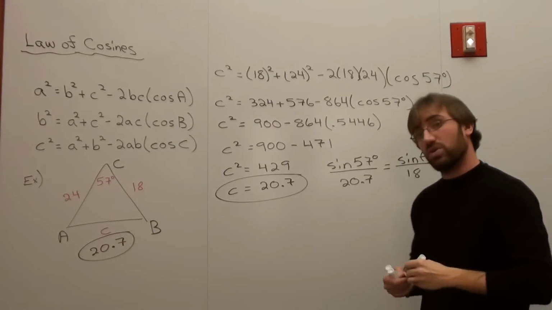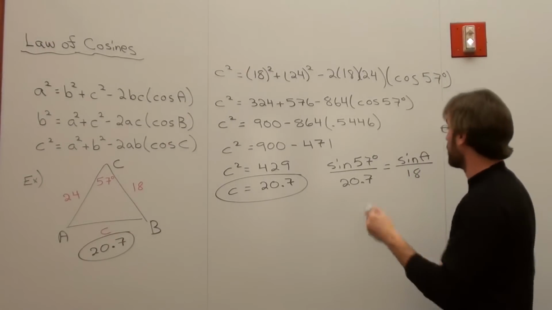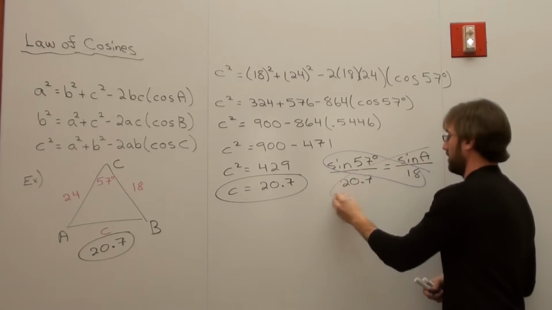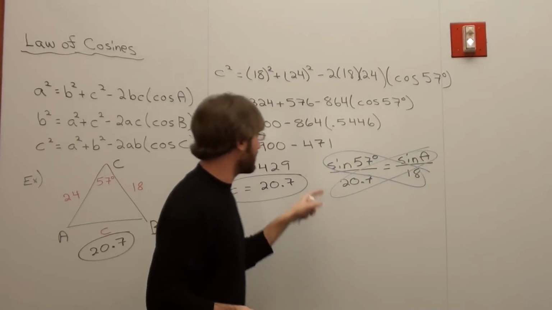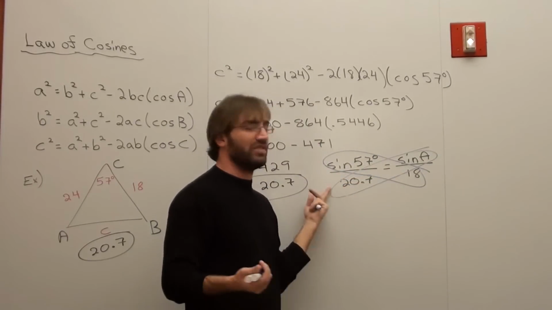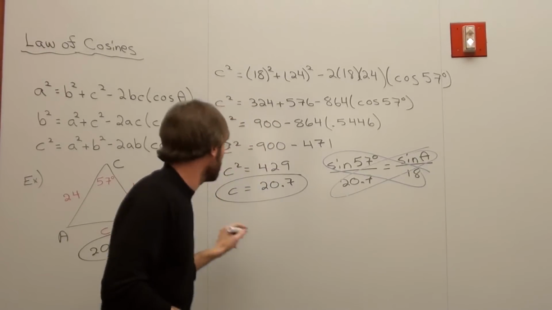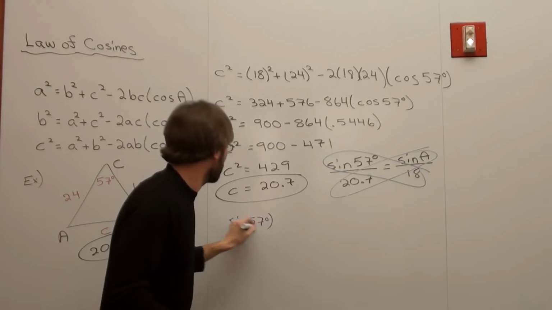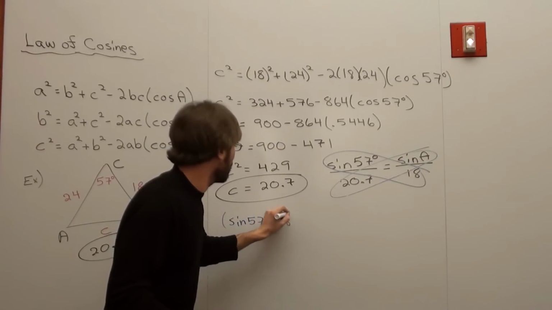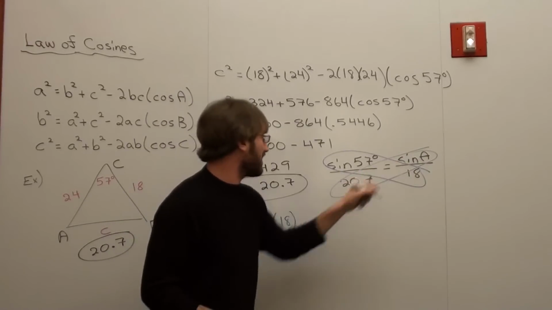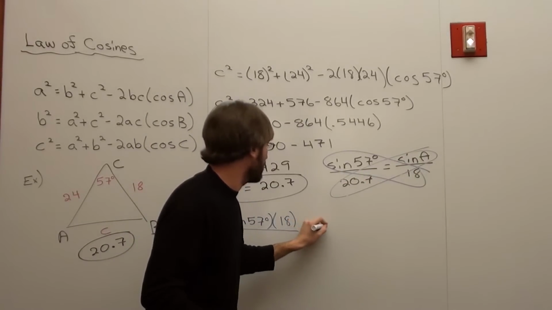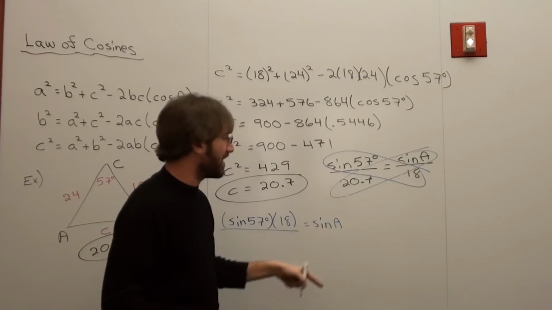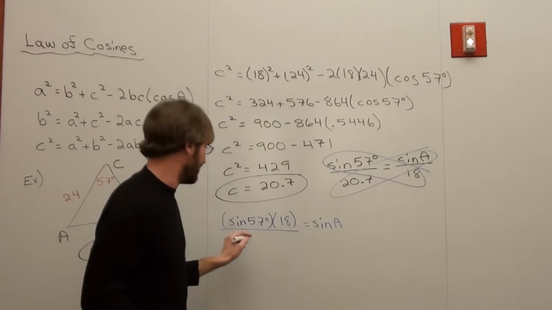I'm going to go ahead and cross multiply. When I cross multiply, I get sine of 57 degrees times 18, divided by 20.7. And this side is going to be sine of A times 20.7. I'm going to divide by 20.7 on both sides.